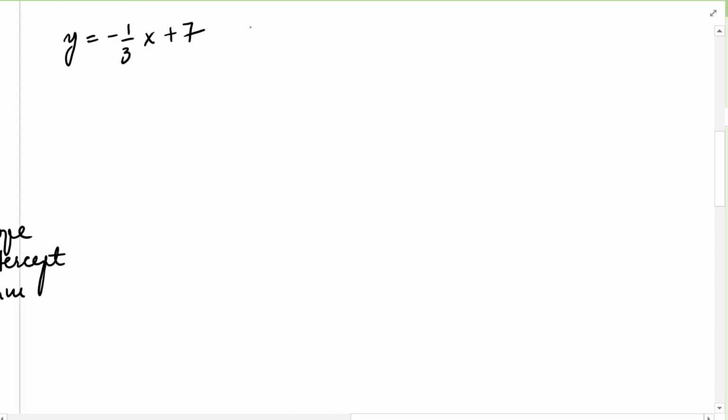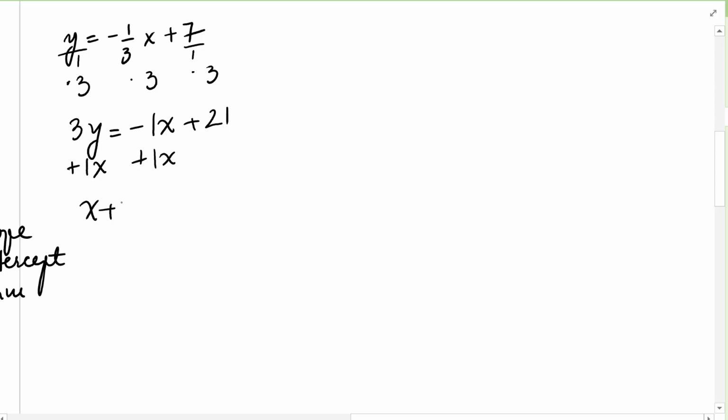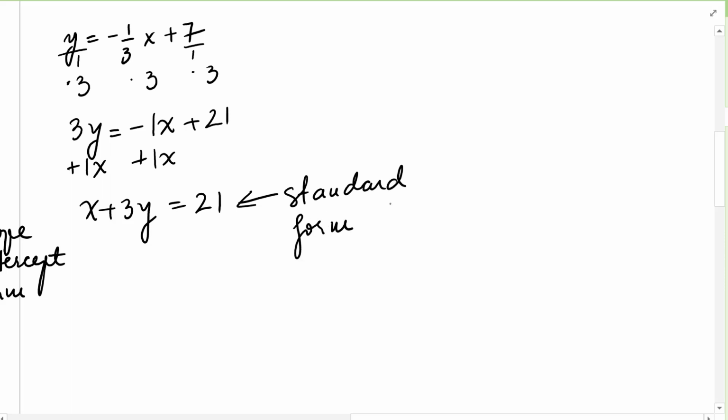So I'm going to multiply every single term by 3, because the LCD is 3. So we get 3y equals negative 1x plus 21. If I add 1x to both sides, we get x plus 3y, because 1x or x is the same thing, equals 21. And this is the standard form for the equation of a line.